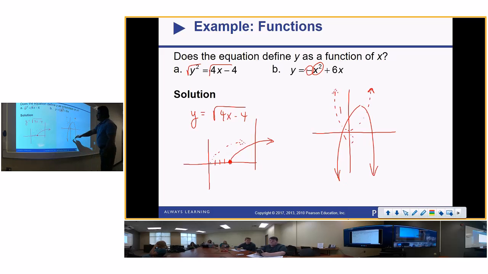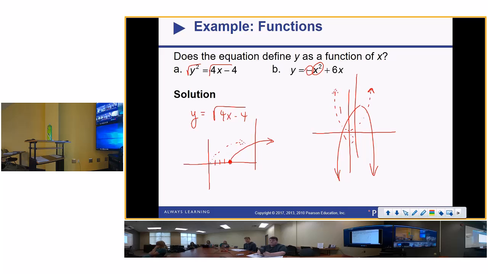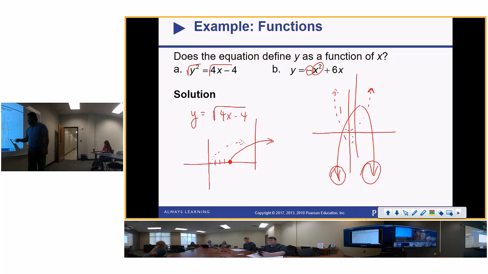Is it a function? Yes, it only crosses one time. Domain is negative infinity to what, 6? Or I'm sorry, negative infinity to positive infinity. You've got two arrows. What's your domain if it's not a radical or a fraction? It's all real numbers.